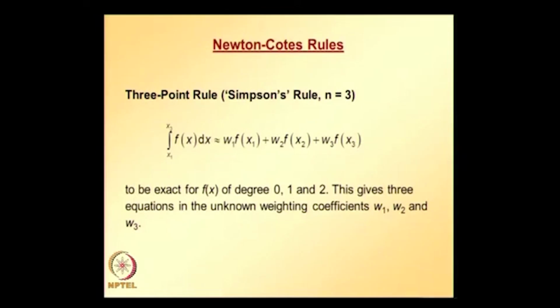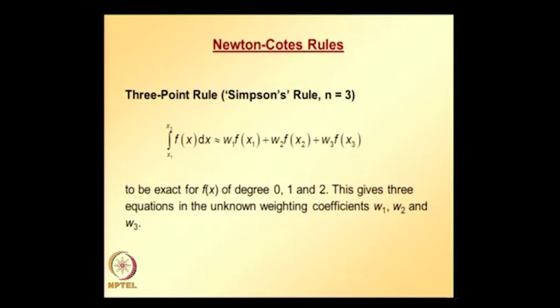If you take the trapezium rule, it is going to be exact for a function of order 1, and if you take the rectangle rule, it is going to be exact for a function of order 0. So what we can conclude from here is that in Newton-Cotes rules, if you adopt n points, we can integrate a function of order up to n minus 1 accurately.